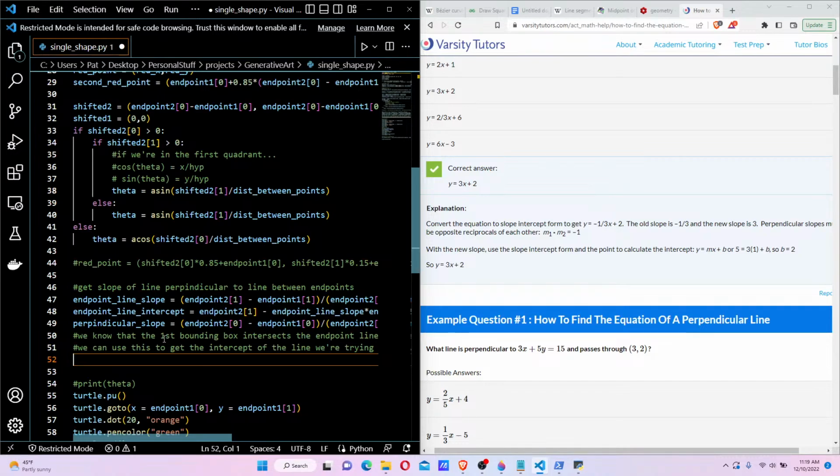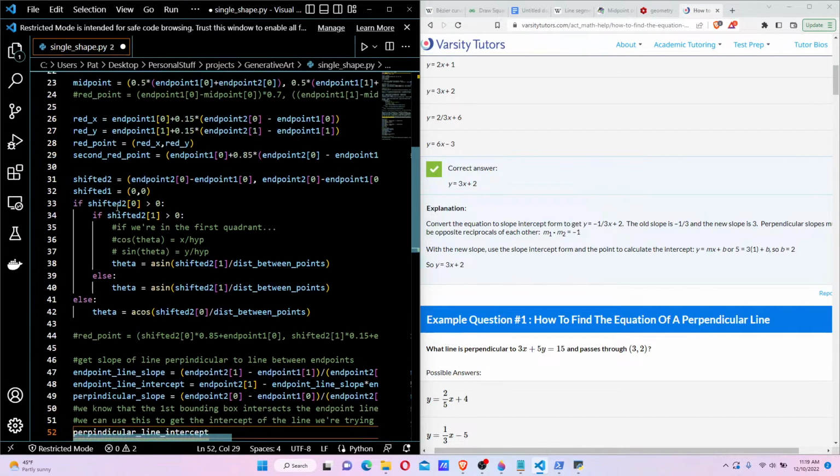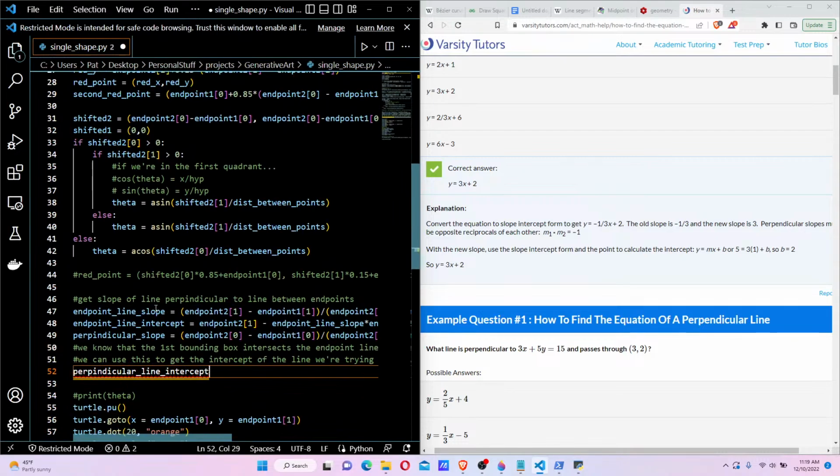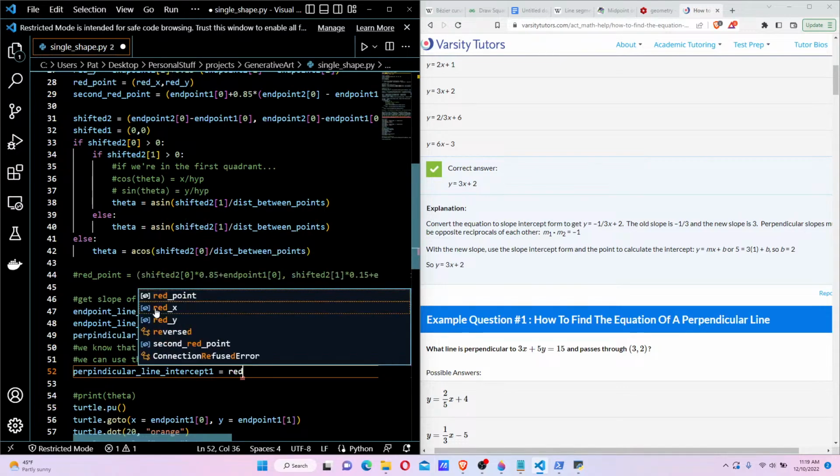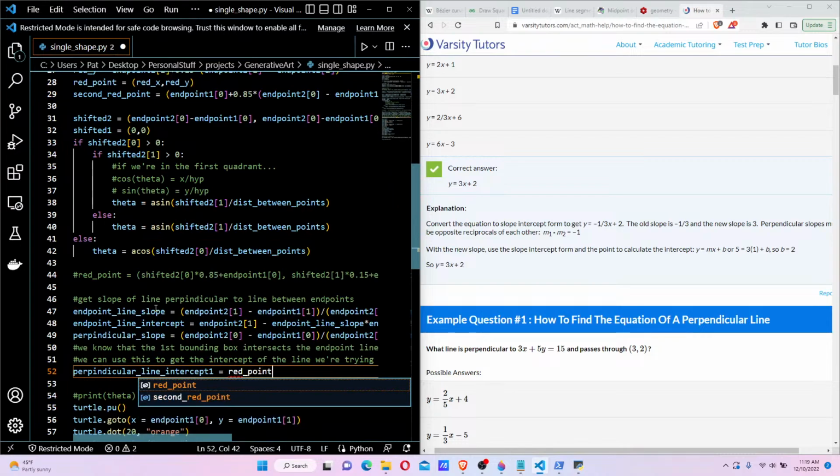now the perpendicular slope, so we can just say perpendicular line intercept. Well, there's red point, so perpendicular line intercept 1. And so that's for the first one is just equal to red point.